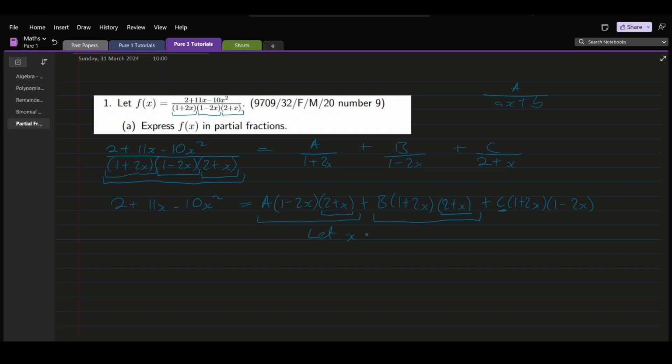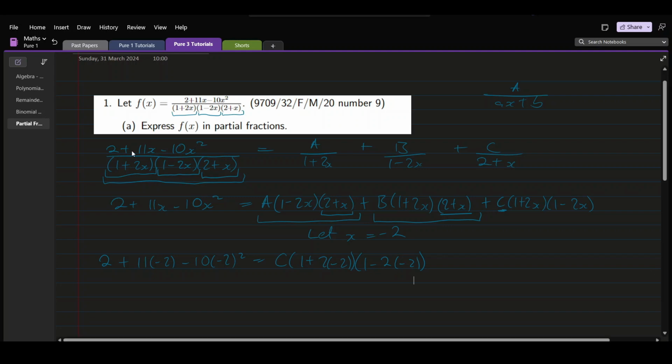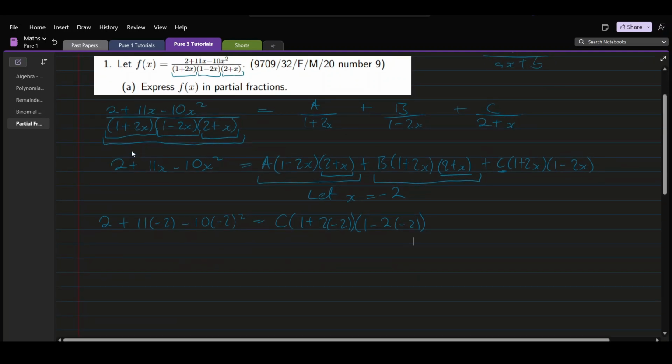So let x equal -2. Substitute x with -2, so that becomes 2 plus 11 times -2 minus 10 times (-2) squared is equal to, we're not going to write the terms in A and B because they will be cancelled out, then we have C times (1 plus 2 times -2) times (1 minus 2 times -2). Now let's use our calculator to simplify the left-hand side.